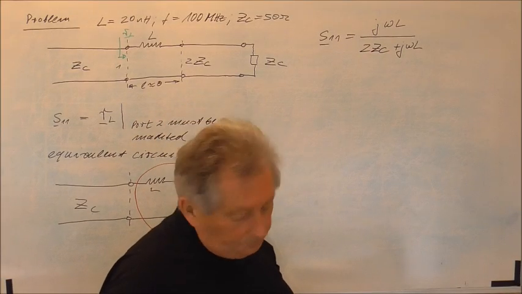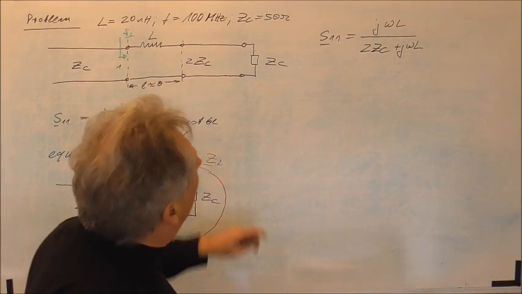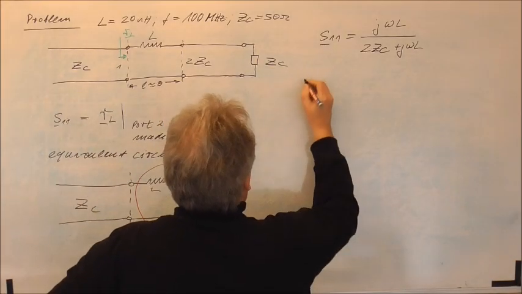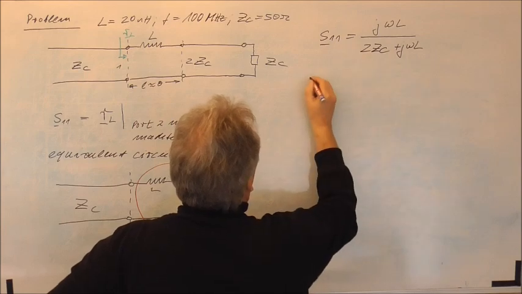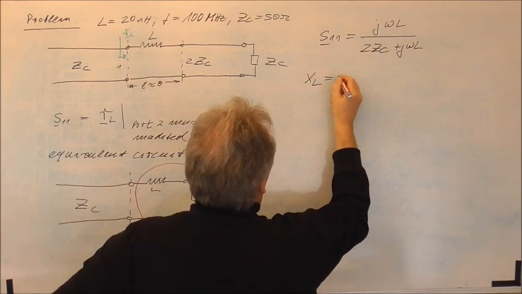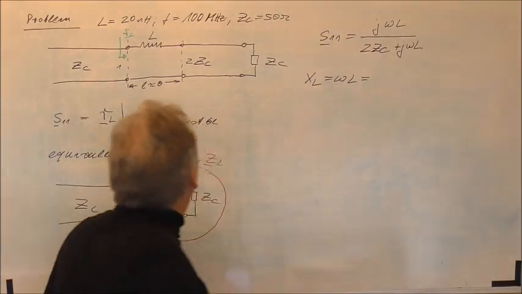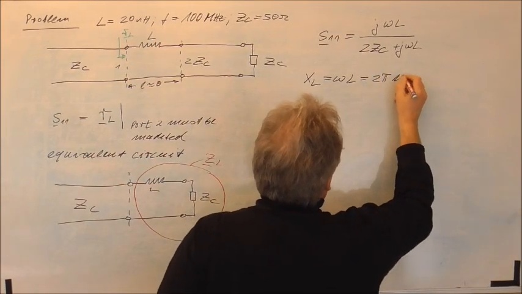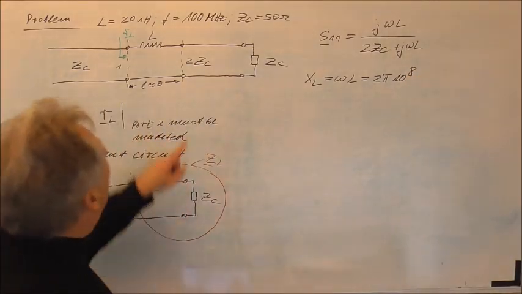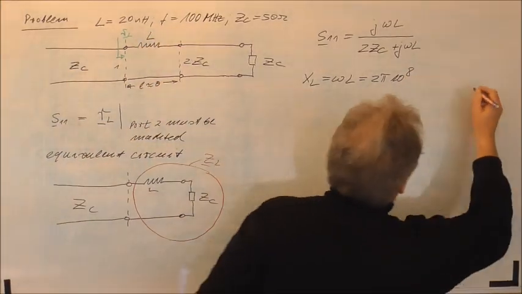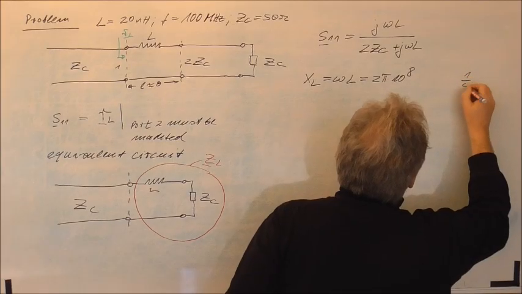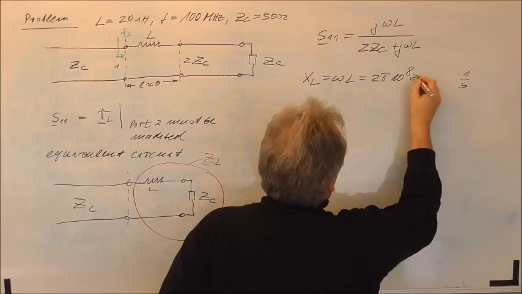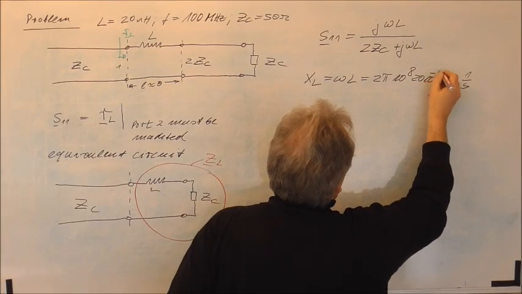So perhaps we first calculate the reactance of L. XL would be omega L, and in our case it would be 2 pi times 10 to the power of 8 1/seconds, times 20 times 10 to the power of minus 9.